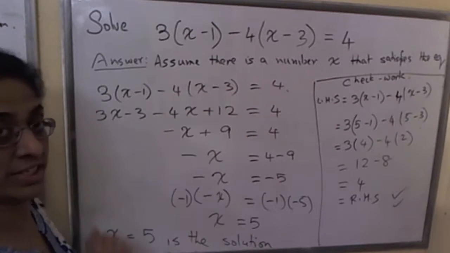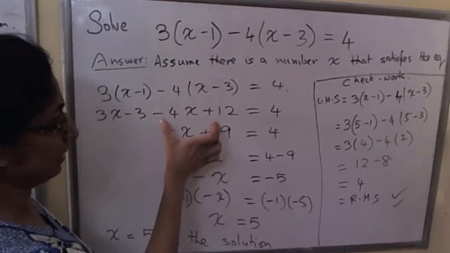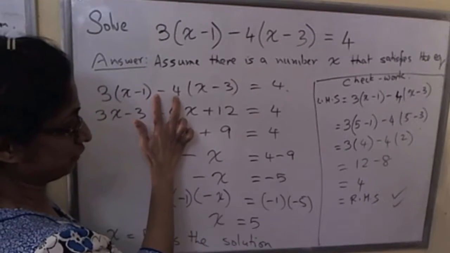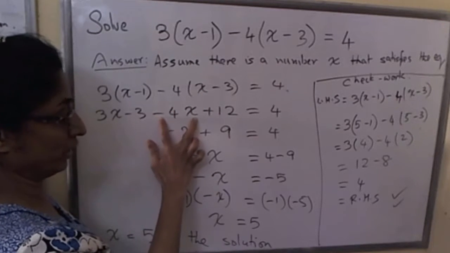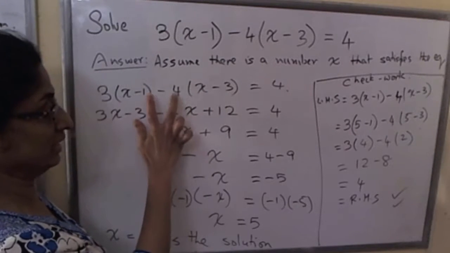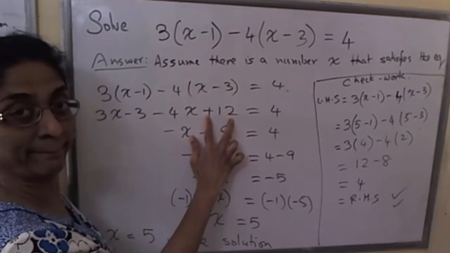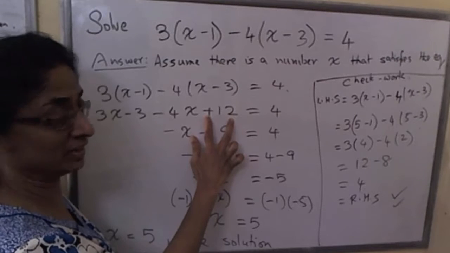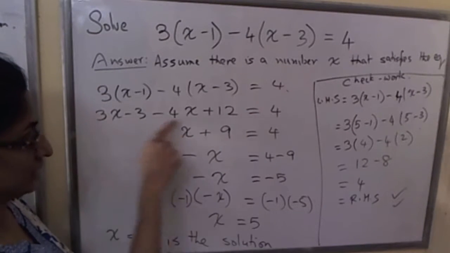That's another situation where we can apply the distributive law. So the way I write this is I think of negative 4 times this number x. That's really negative 4x. That's how I get this. And then negative 4 times negative 3, that's my plus 12. That's how I write it here. Equals 4. So I have this line.